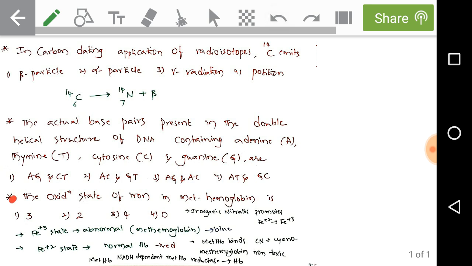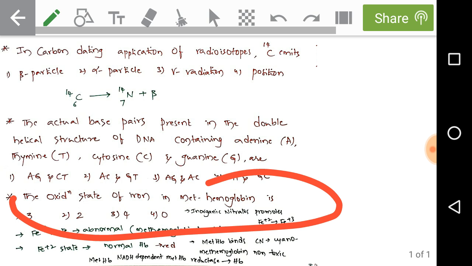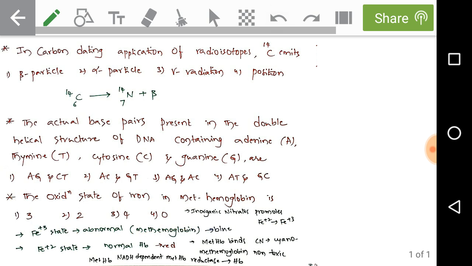The oxidation state of iron in methemoglobin is iron plus 3, which is an abnormal state in methemoglobin, and it is blue in color, whereas normal hemoglobin contains iron in the plus 2 oxidation state and is red in color.